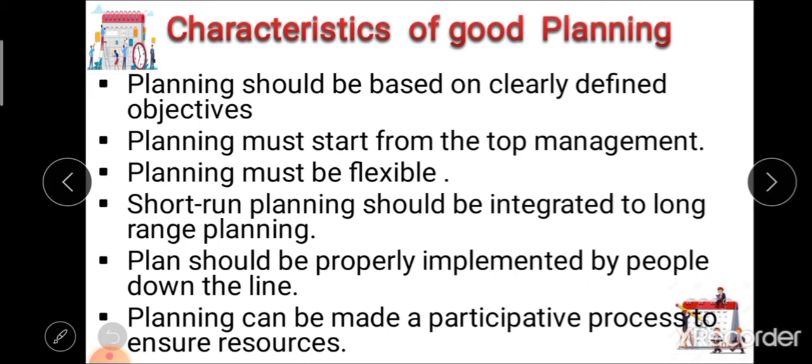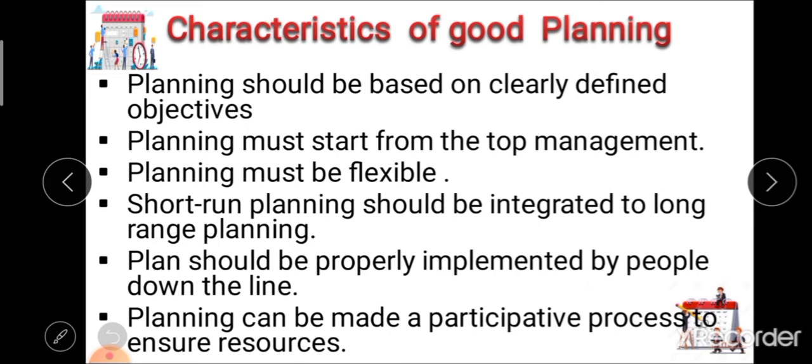Then another characteristic is that short-term planning should be integrated with long-run planning. Whatever the long-run plan of top management, the short-run planning can be integrated with it. Then the plan should be properly implemented by the people down the line.